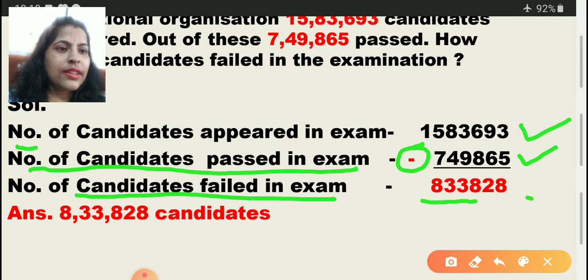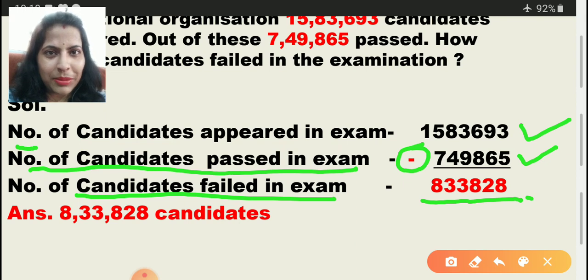properly. You must revise your calculations two to three times, because if you have done all the work properly but there are calculation mistakes in your answer, then you won't be able to score full marks in your exam. So you must revise your answers again and again.